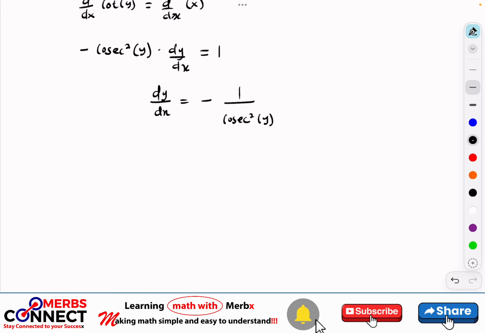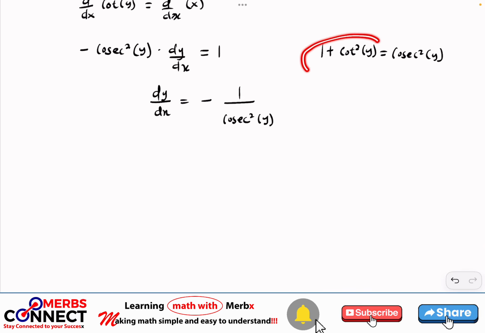And we will talk about the secant and cosecant in the next 2 videos very soon. Now, what is the trig identity for this? We know that 1 plus cotangent squared of y is the same as cosecant squared of y. Nice.